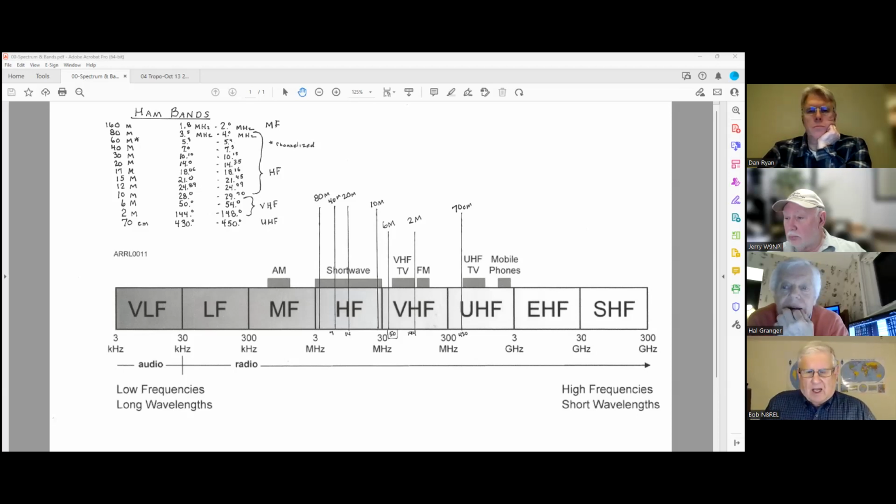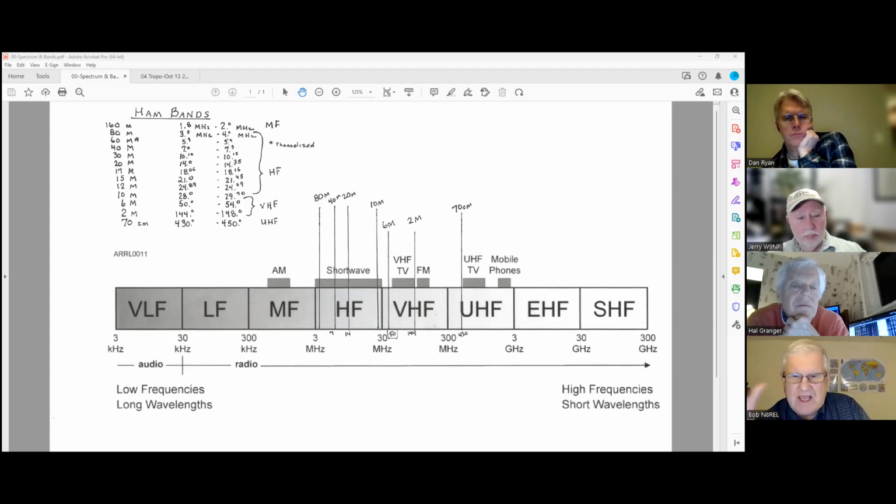Now, if you look at the chart, I've put little markers where the amateur bands are. This chart is actually not quite accurate with those little indicators for VHF TV and FM radio.